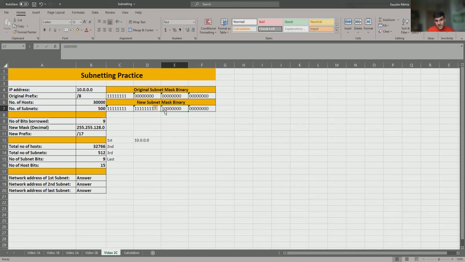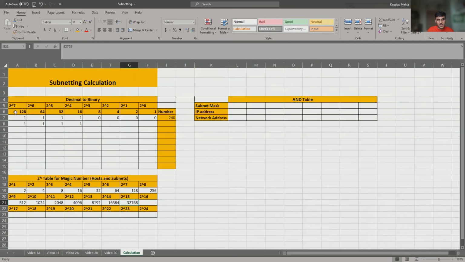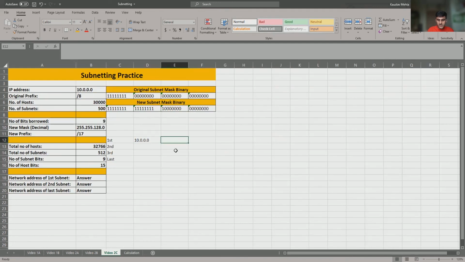Our magic number again is 128 because the only bit that we've borrowed in the third octet is 1, so that means 128 if you're using this table again to find the magic number. Using that magic number, we can say that our first subnet goes from 10.0.0.0 to 10.0.127.255, because that's a host.